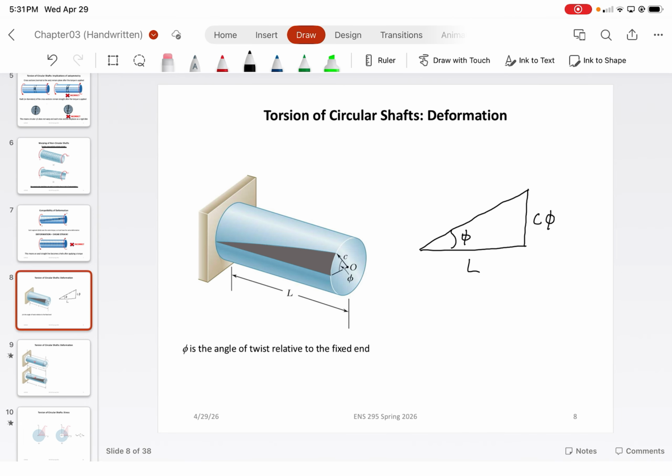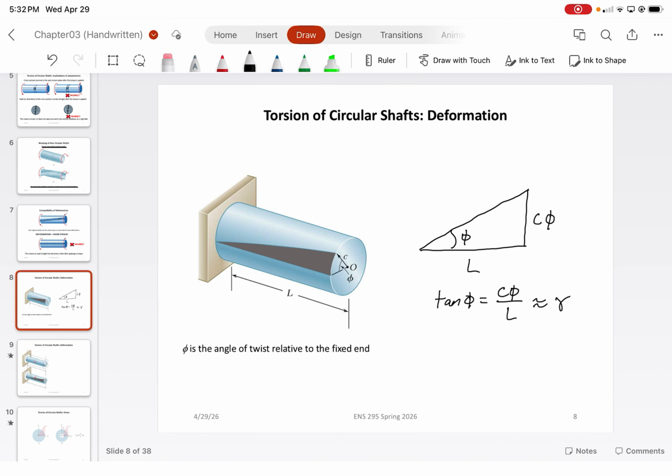All right. Now, let's say we wanted to determine what the angle of twist was. Just geometrically, we could solve for that, and we would find that the tangent of gamma is equal to c phi over L, which we just approximate as equaling gamma.